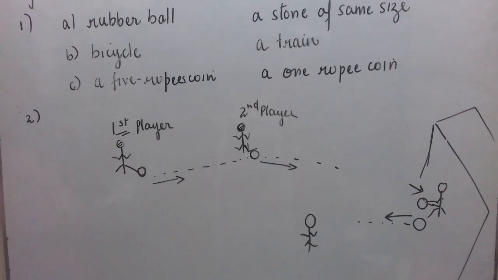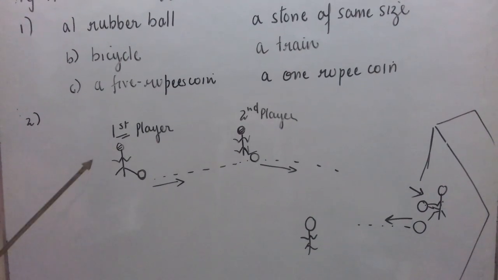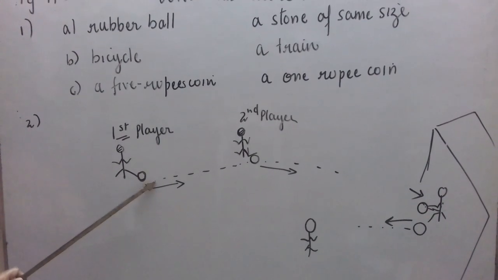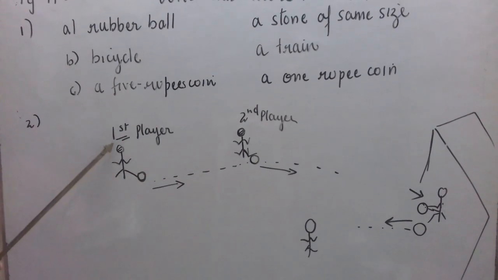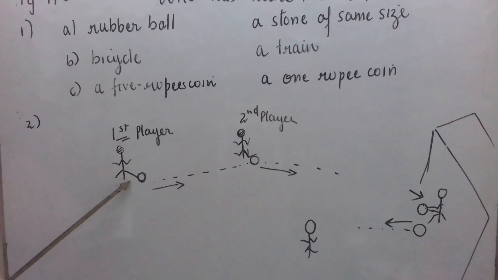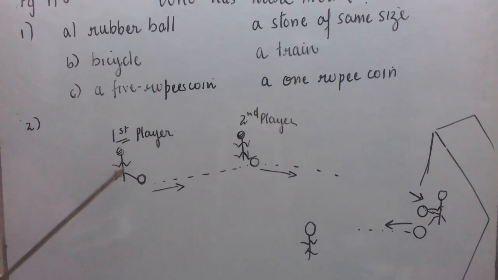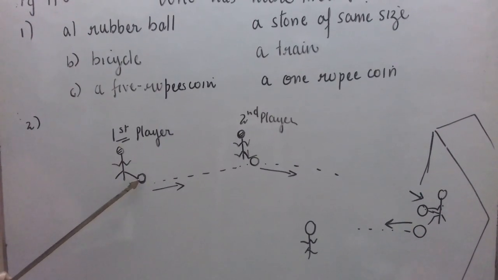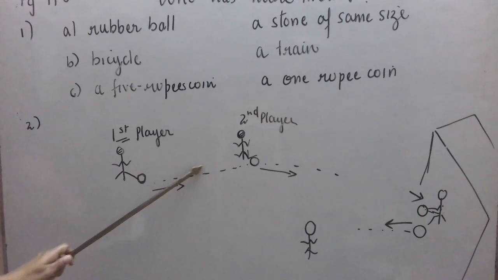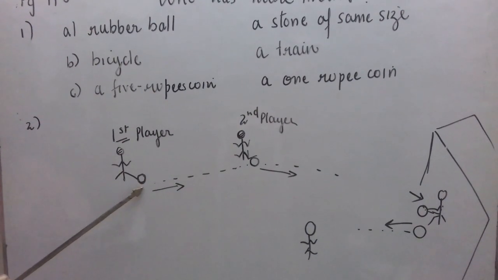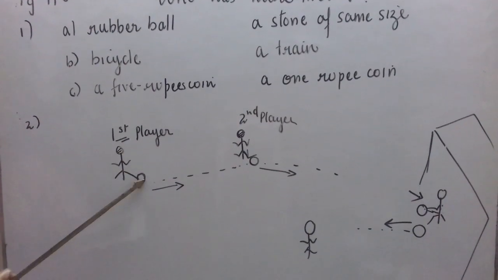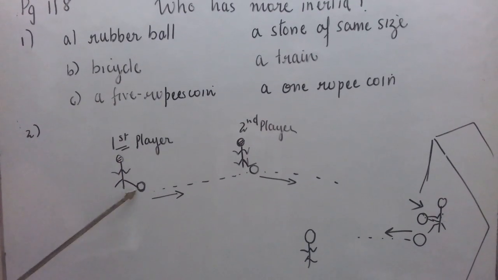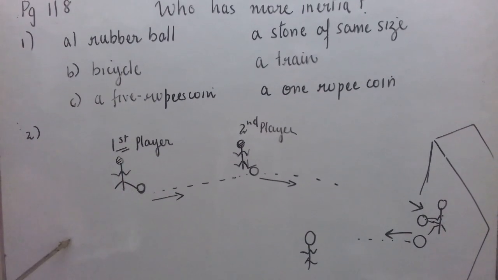Now see here, when the first player kicks the football, this first player and his kick is the agent which is applying the force, and the velocity of the ball changes. Whether it was at rest or it came to him and then he kicked, that doesn't matter.